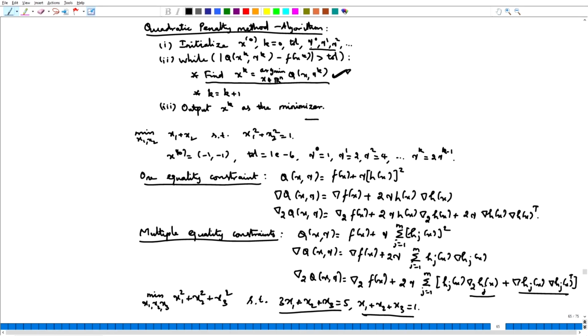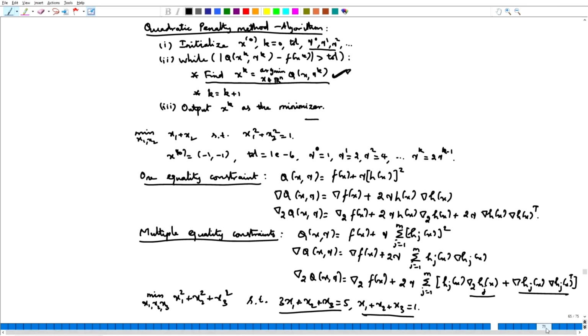The initialization has a little bit of difference. Instead of initializing the set of gammas, you initialize one value of gamma and a lambda vector, and the rest remain the same. You just update the value of lambda and the output.